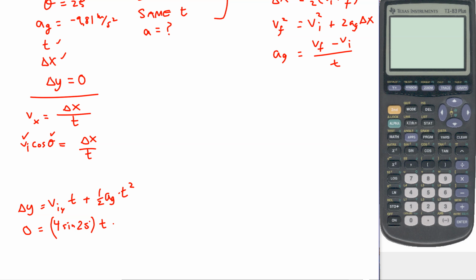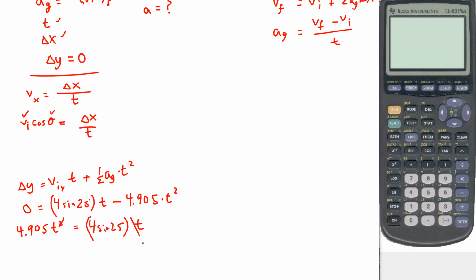Half of ag is negative 4.905 t squared. Add the 4.905 t squared to both sides. Then you can divide both sides by a t. That cancels one of the t's. And then you just have to divide both sides by 4.905.